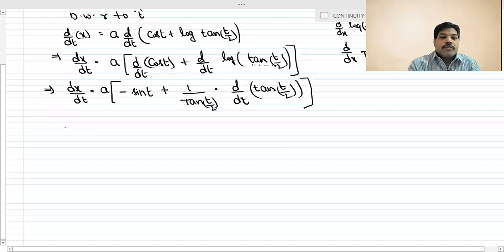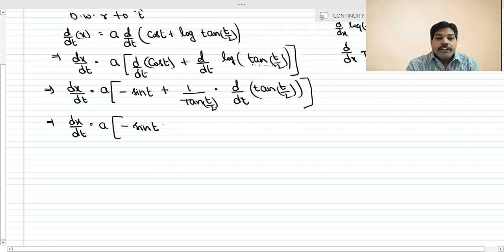Next, dx by dt is equal to a into minus sine t, plus 1 by tan, and 1 by tan is nothing but cot t by 2, into, what is the tan derivative, students?